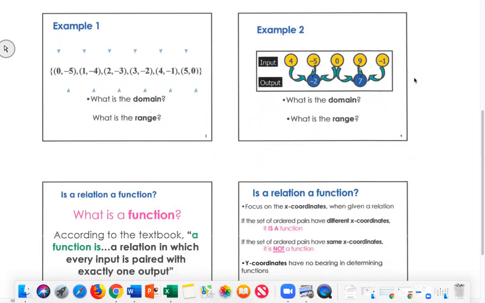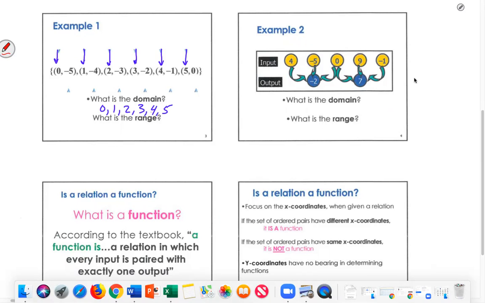All right. So in the first one, it says, what is the domain and what is the range? So the domain, I don't know if you can see all these little arrows here. The domain is talking about all of my X values. So my domain is 0, 1, 2, 3, 4, and 5.